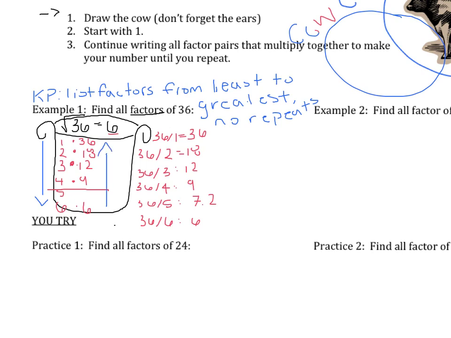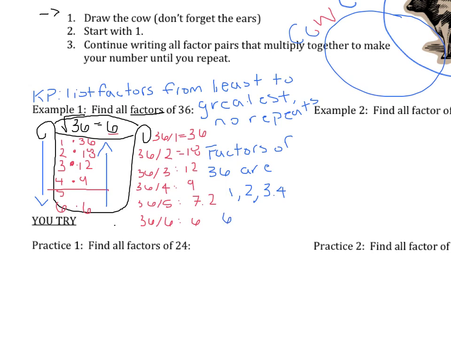So we could say that the factors of 36 are, we have 1, 2, 3, 4. I'm not going to write the number 5 because 5 is not one of our factors. 6.